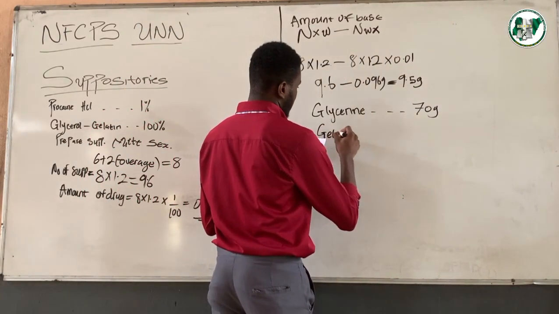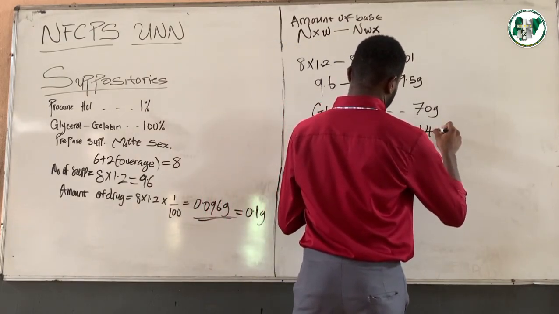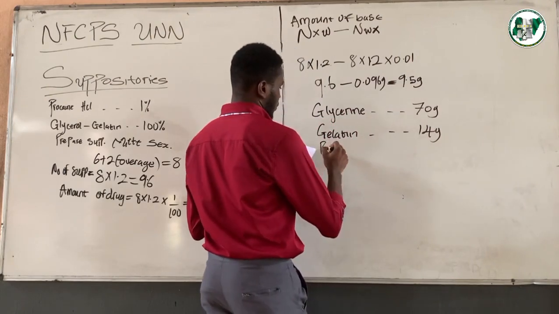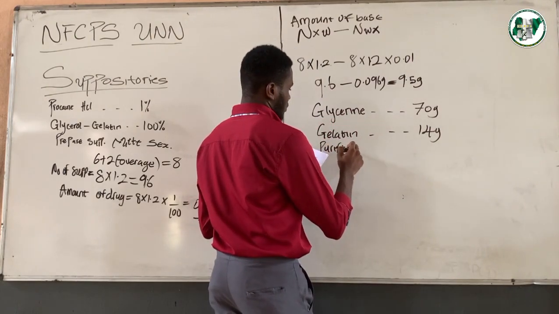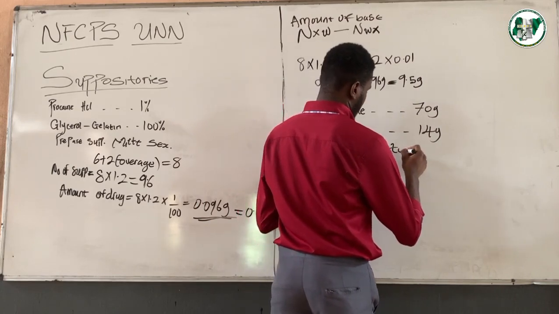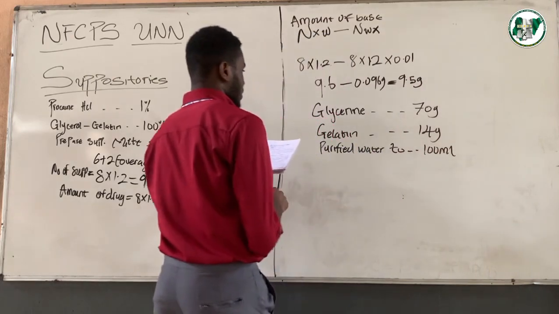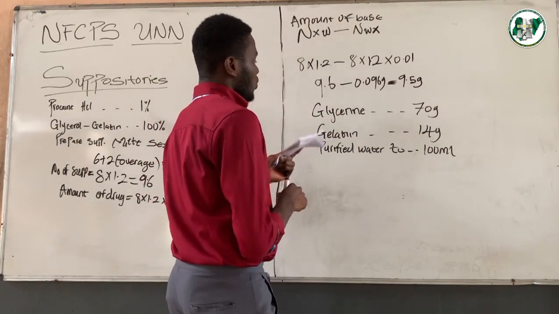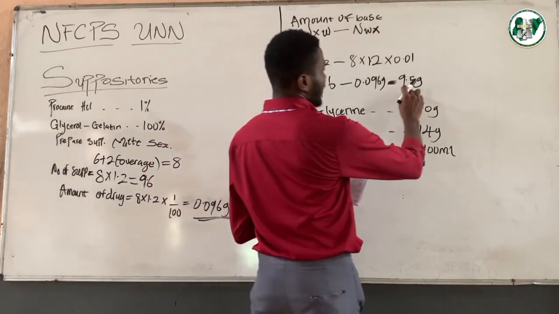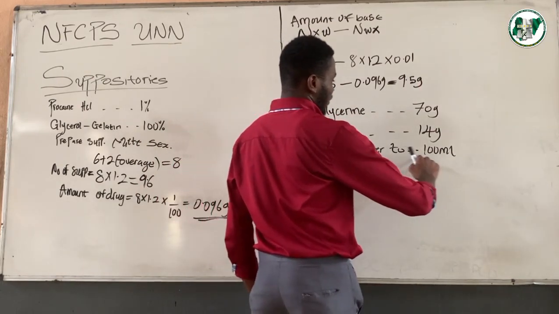Then gelatin is 14 grams in purified water to 100 ml, right? Now, what we are preparing is 9.5 grams, and we say we should make up with purified water to 100 ml.